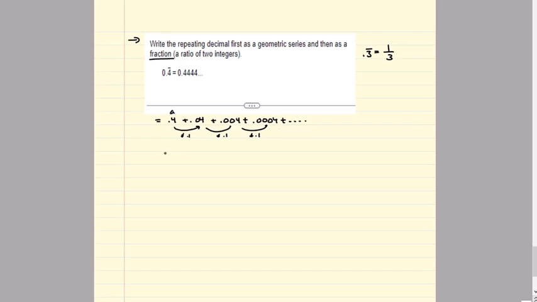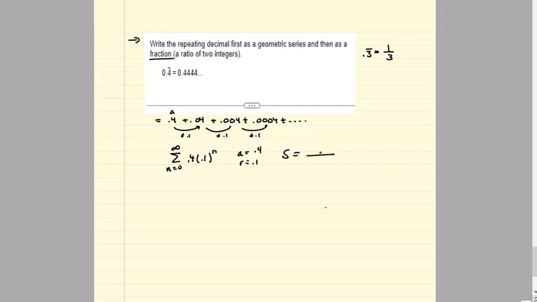So this A is my first term. So I'm going n equals 0 to infinity, 0.4 times r to the n. Well, the 0.1 is what my common ratio is. That's what I multiply each of my terms by. So A is equal to 0.4, R is equal to 0.1.